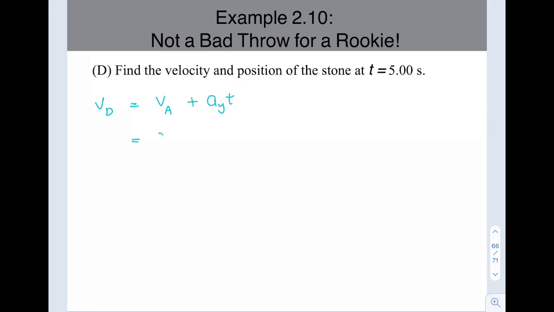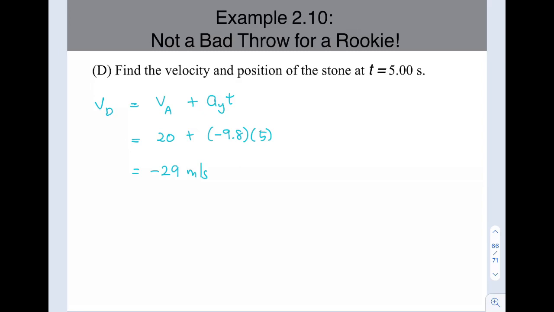So you're going to have 20 plus a, which is negative g, 9.8, times the 5 seconds. You are going to have the answer here, equal to negative 29 meters per second. So this is for velocity.